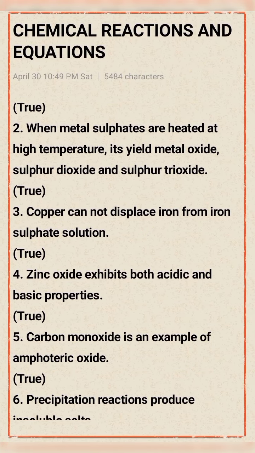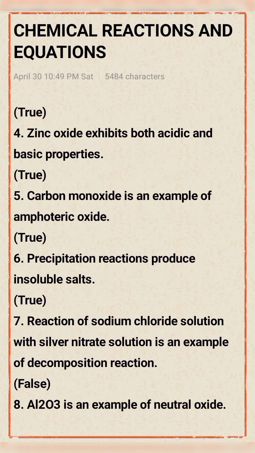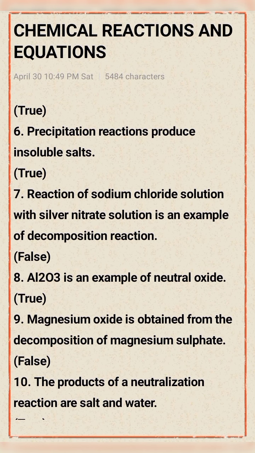Next question, precipitation reaction produces insoluble salt. This statement is true. Reaction of sodium chloride solution with silver nitrate solution is an example of decomposition reaction. This statement is false. Next, question number 8. Aluminum oxide Al2O3 is an example of neutral oxide.